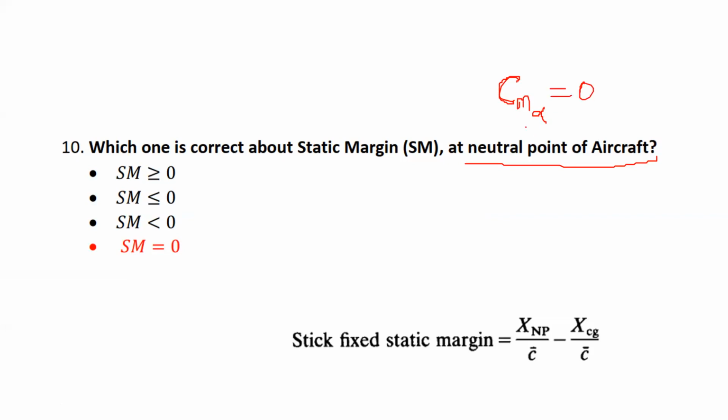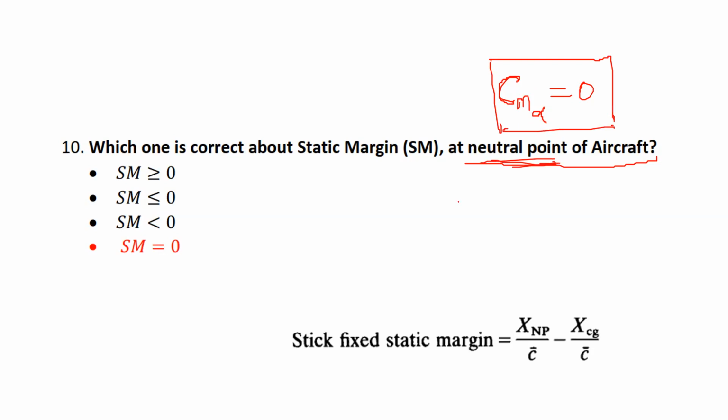So what happens is, if you change angle of attack, the pitching moment won't change. You are at 5-degree angle of attack, you remain there. You're at minus 5-degree angle of attack, you remain there. So when pitching moment is not generated when you change angle of attack, this happens at the neutral point.